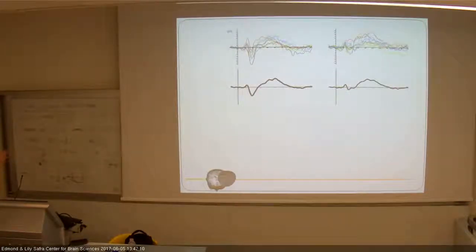Look at this, for example. This is a real experiment. This is the average of all the subjects in one condition, and this is the average of all the subjects in another condition. Now I want to make an argument that this is bigger than this. The way I do it is that I look at my individual subjects, which, as you see, are quite variable, even though they give me this nice average.